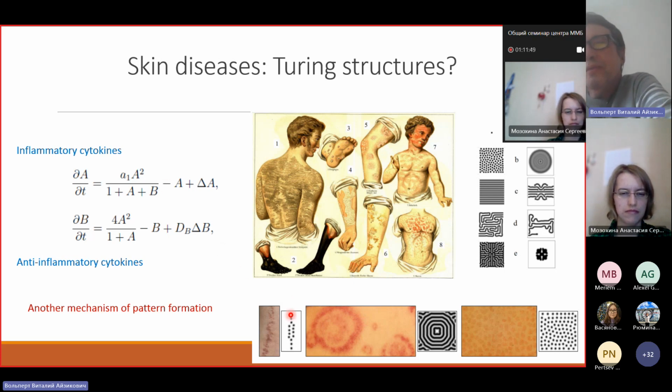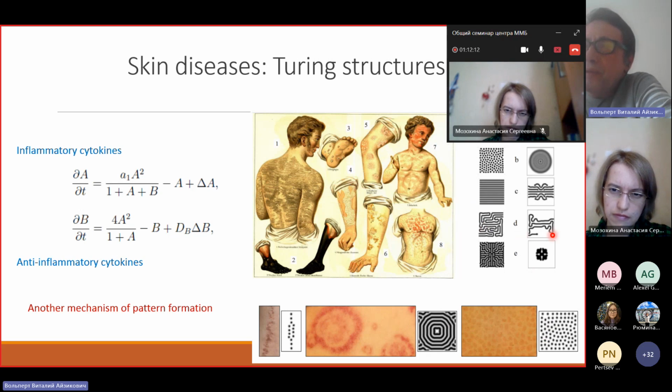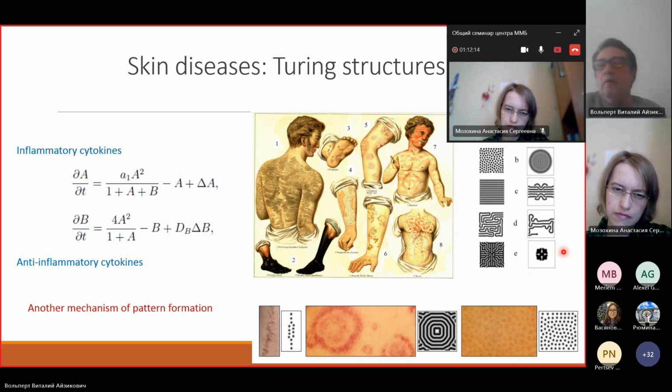With the modeling, we obtained results which really resemble real pictures. For example, at the bottom, the color pictures are like real photographs, and the black and white is what we obtained in modeling. You see there are different patterns which resemble what we observe here, and some other examples are shown here. Okay, it's an interesting question.